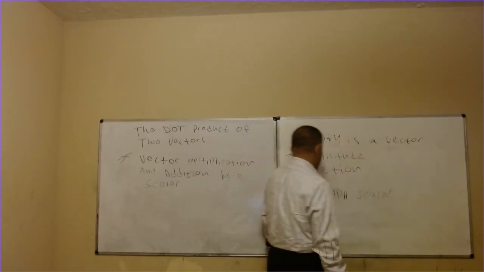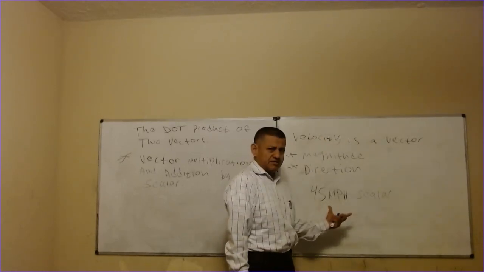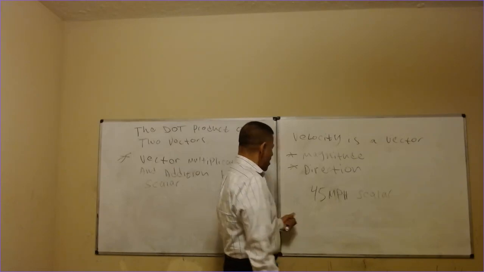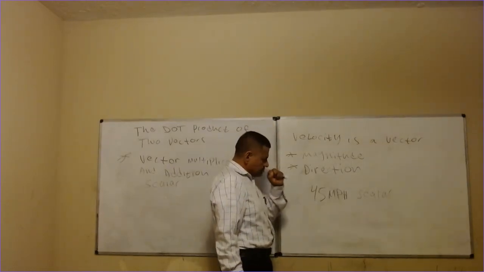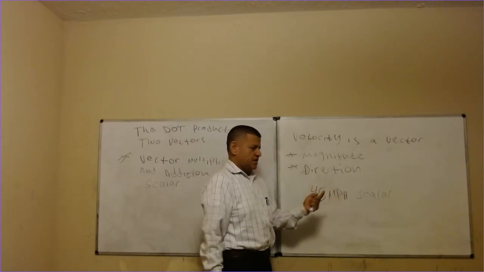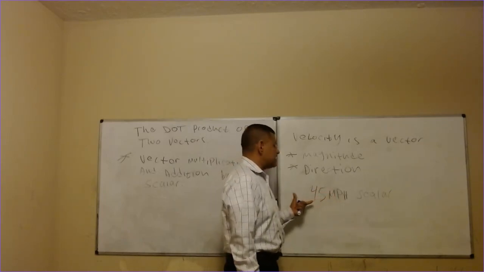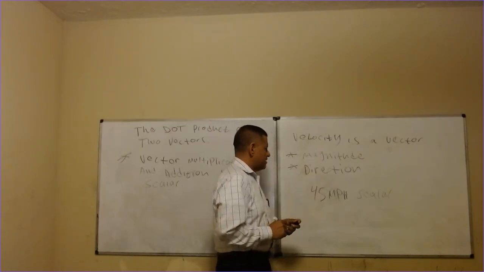Alright? Why? Because it's giving the rate. It doesn't give me the direction. But if I say 45 miles per hour north, 45 miles per hour, south, due south, that is a vector. It gives me the direction, right?